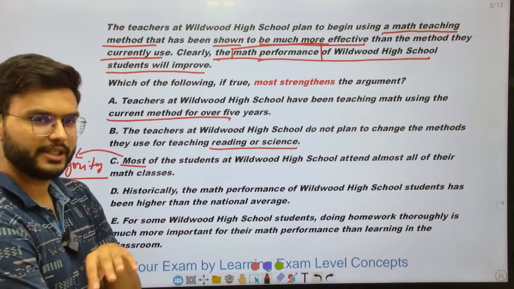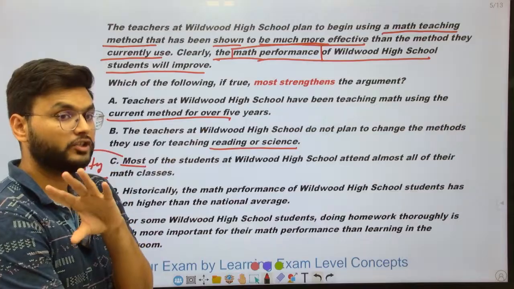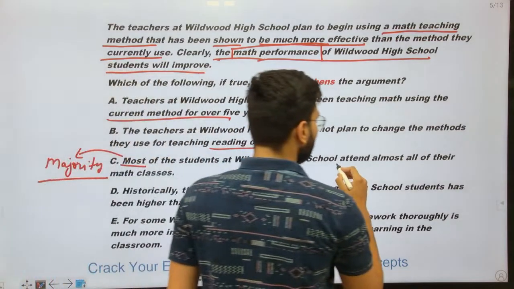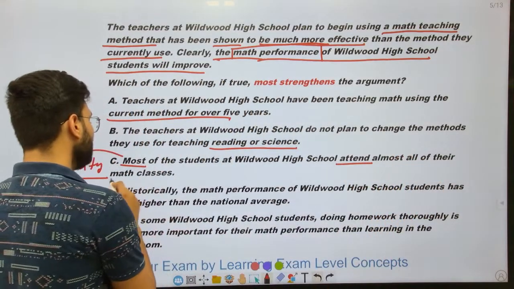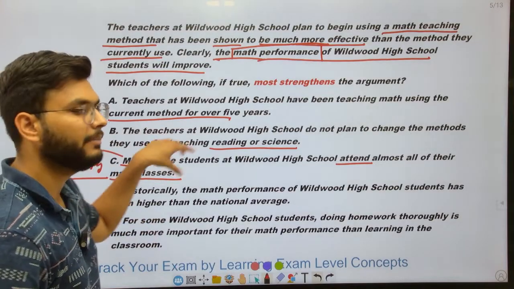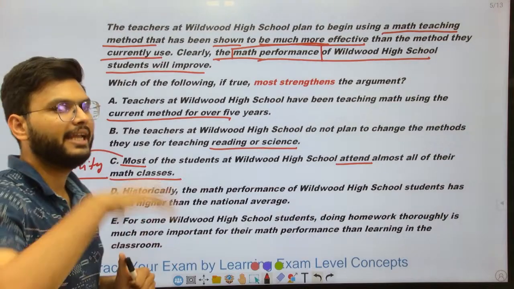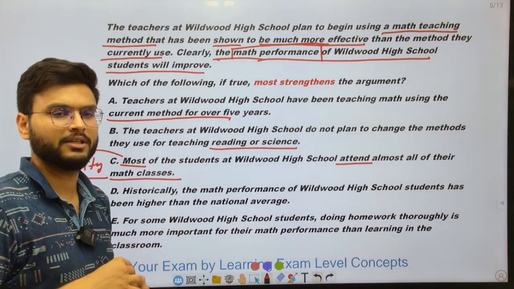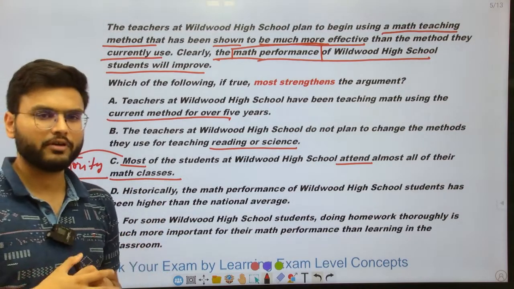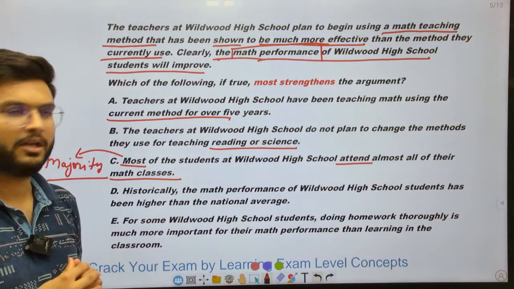If the majority of the students do not attend almost all of their math class, and I am talking about the specific math class, is it possible for me to improve their math? Unless a student comes into the class, it is irrelevant whatever strategy I am using, I cannot improve his math.